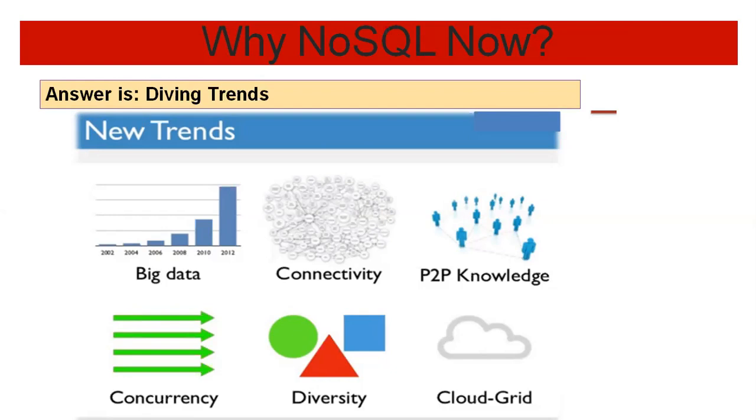If we talk about the connectivity issue or peer-to-peer knowledge issue, we say there is an explosion of social media services like Facebook, Twitter, Google with large data needs. It leads to the need for NoSQL databases. There is also the rise of cloud-based solutions such as Amazon S3, the Simple Storage Service.